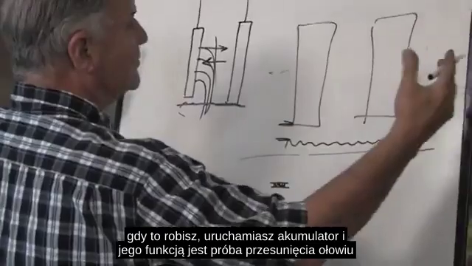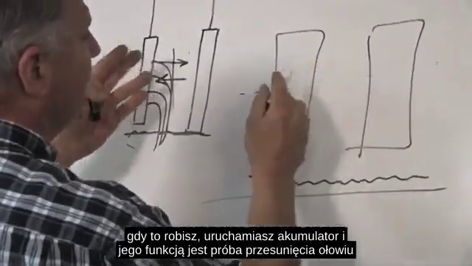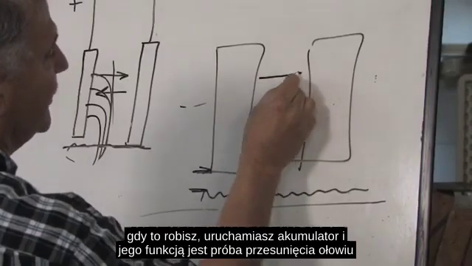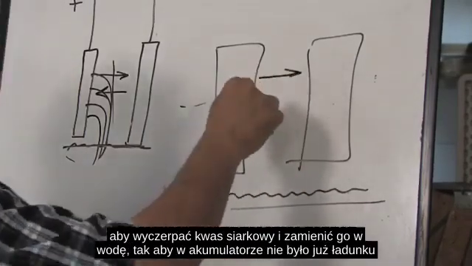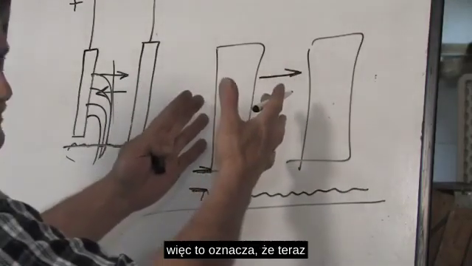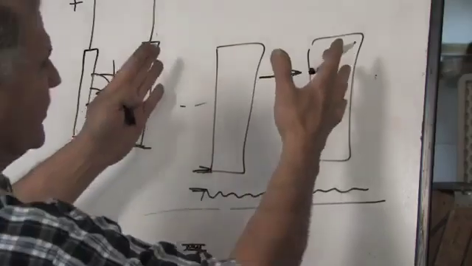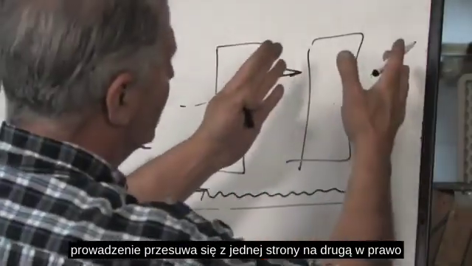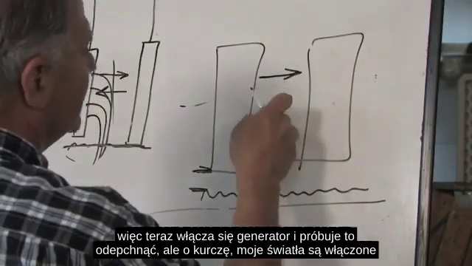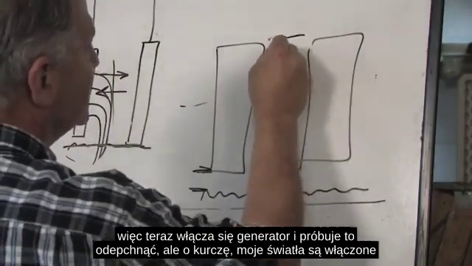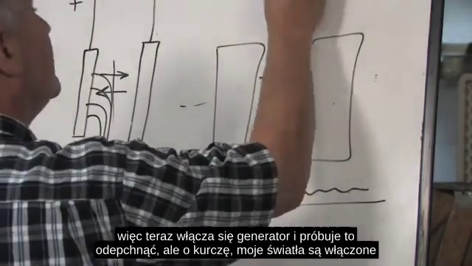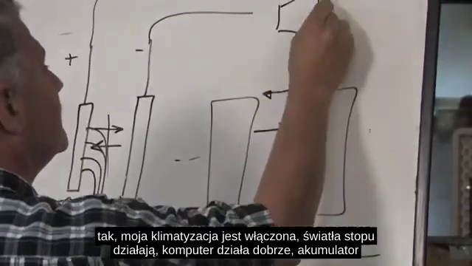And so when you start the battery, the function is for the battery to try to move lead to deplete the sulfuric acid and turn it to water so that there's no more charge in the battery. So now the lead is moving from one way to the other way. Now the generator comes on and tries to push this back, but, oh gee, my headlights are on.